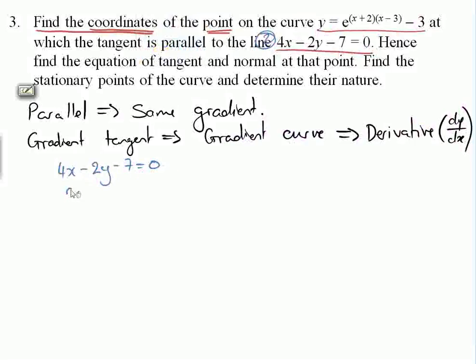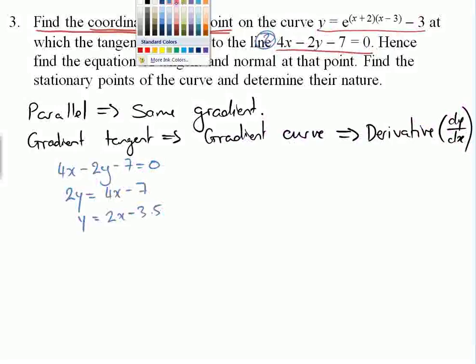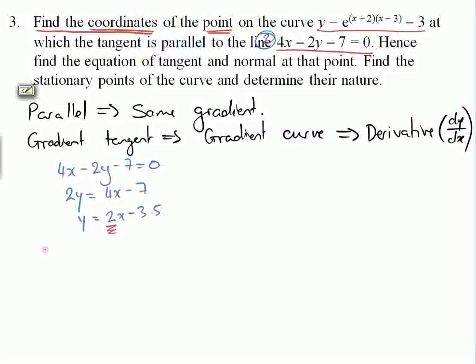Yes, I can. This is the same thing as 2y is equal to 4x minus 7, or y is equal to 2x minus 3.5. So the gradient here is equal to 2. So I want to find where the derivative of this curve is equal to 2.